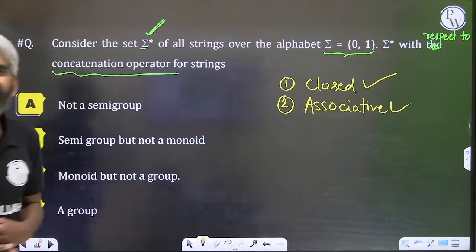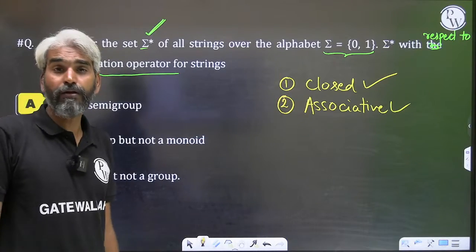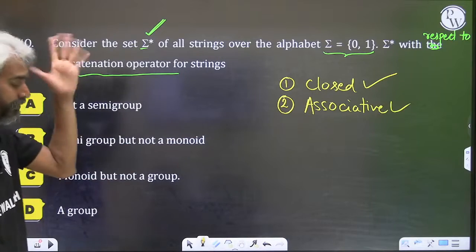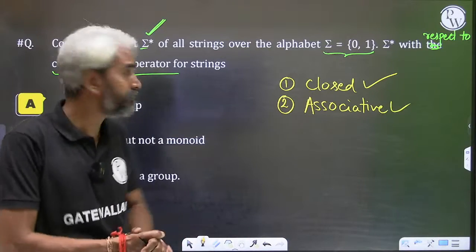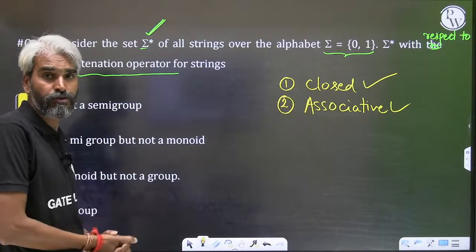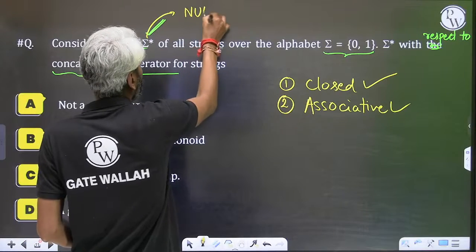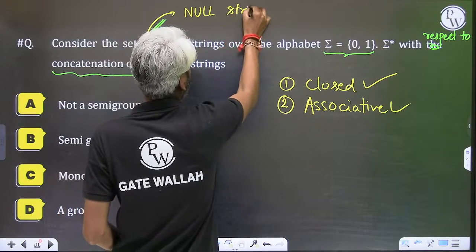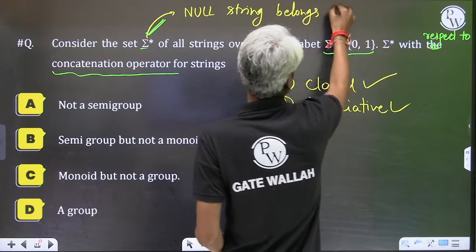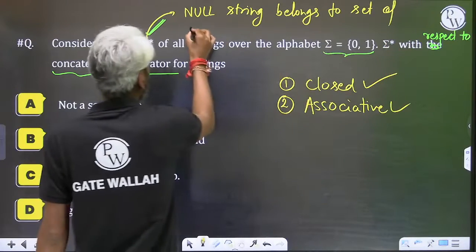Do we have an identity? Two properties are satisfied: it is closed and it is associative. Now, do we have an identity element in the set of all strings? That's where the knowledge of TOC comes into the picture. If you are taking the set of all binary strings of 0 and 1, then the null string, epsilon, belongs to the set of all binary strings.